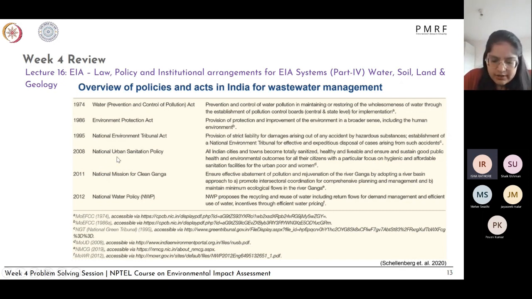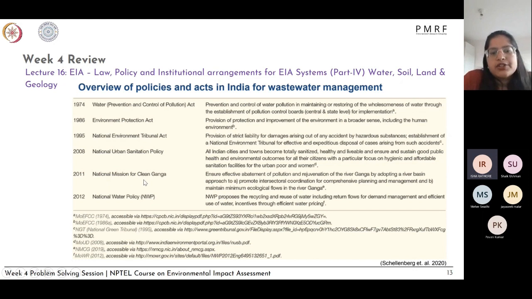And then we have the National Urban Sanitation Policy, which says that all Indian cities and towns should become totally sanitized, should have good public hygiene, are healthy and livable, and ensure sustainable, good public health and environmental outcomes for all their citizens. They have a particular focus on hygiene and affordable sanitation facilities for the urban poor and women. So if you have heard about the Shauchalya schemes and all of those things, they fall under this policy.